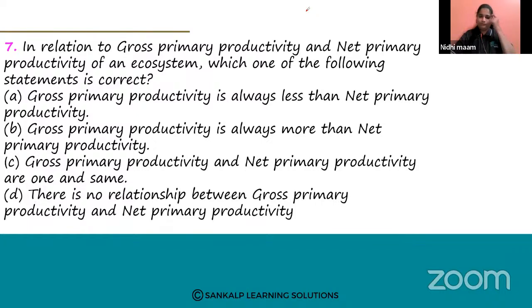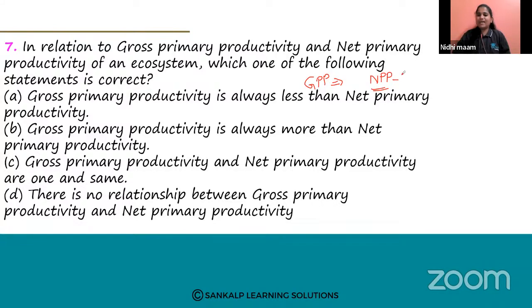Okay, Karima Sayeda. So just now we discussed the term gross primary productivity, GPP. What do you mean by GPP? The amount of organic matter produced is called GPP.